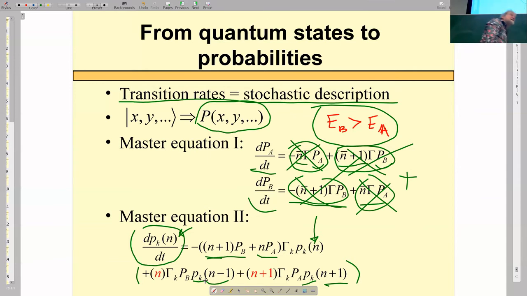And then we have the rates. Correspondingly, from n minus 1, we go to n, so that must be emission, right? And that must be absorption. Fine. We've made these equations, we can investigate them further.